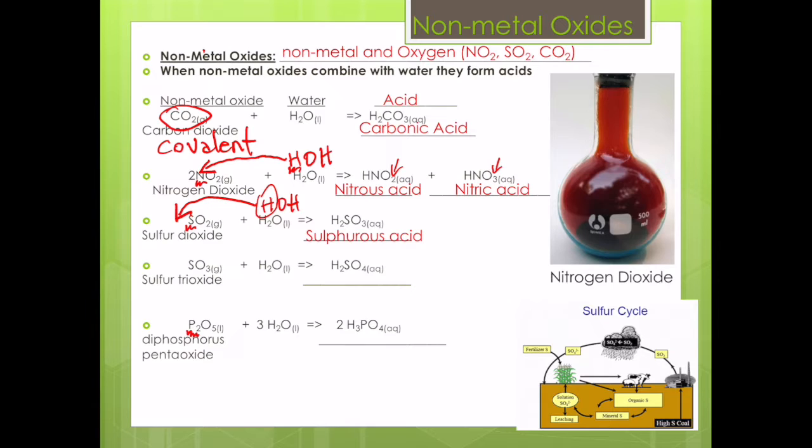But if we get some forming H2SO3, sulfurous acid, we've got acid rain. And the same with these. These are aqueous. So you're getting nitrous and nitric acid coming down from the sky. This isn't good, right? So if metal oxides make bases in water, non-metal oxides will make acids.